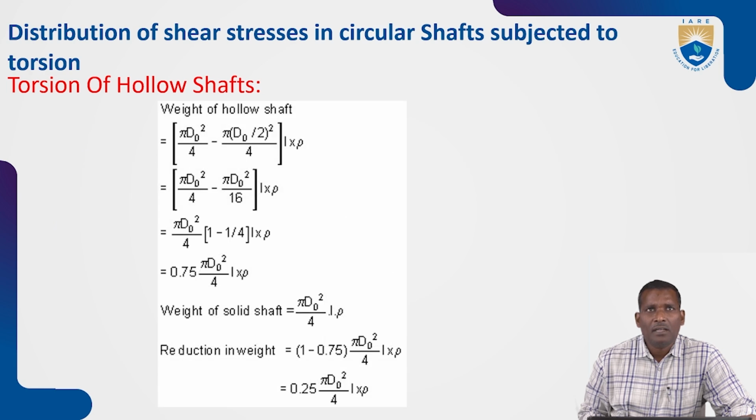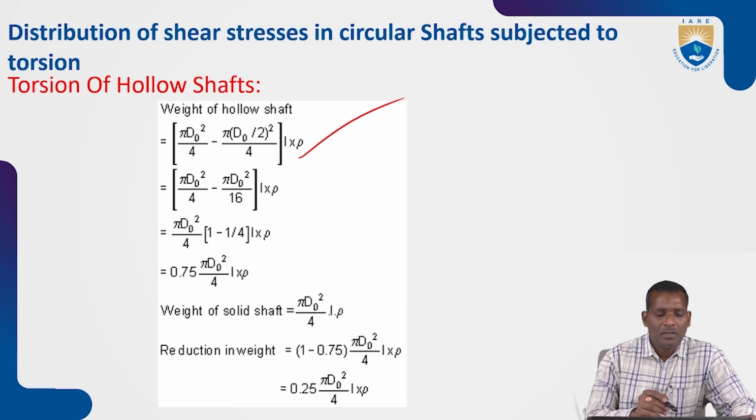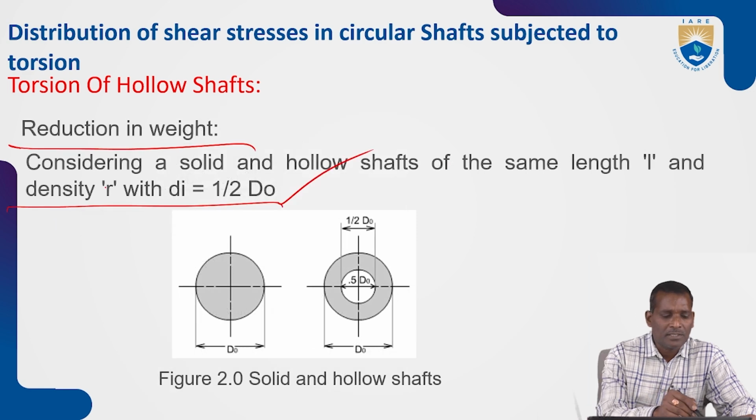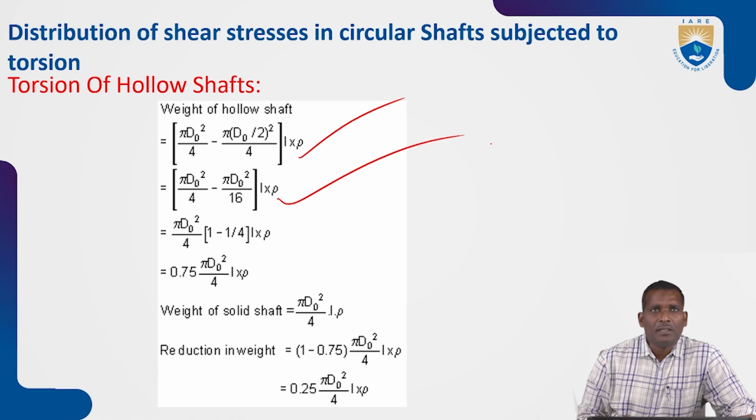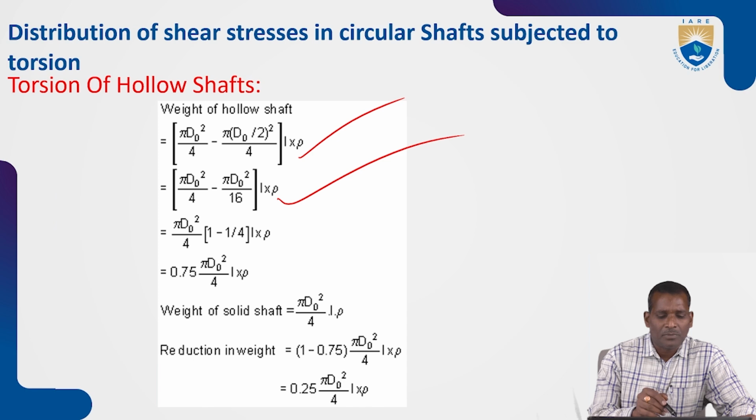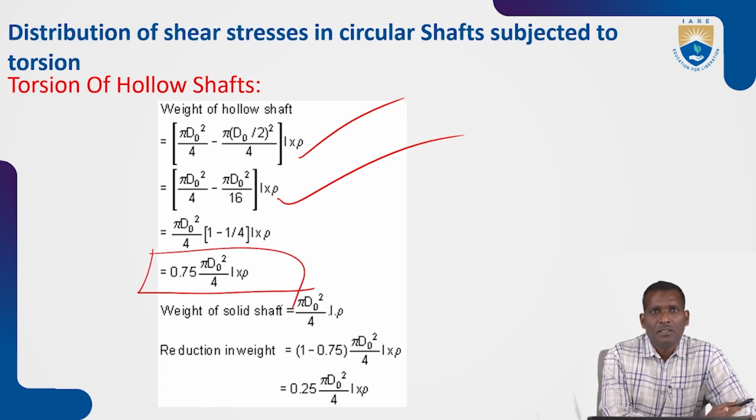Here the weight of the hollow shaft is, now calculate, area into L into density rho. So pi d naught square by 4 minus pi d naught square by 16. After simplification, we will get 0.75 pi d naught square by 4 into L into rho.